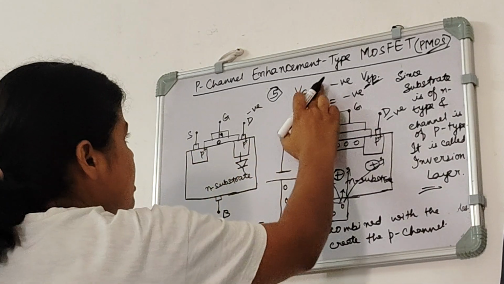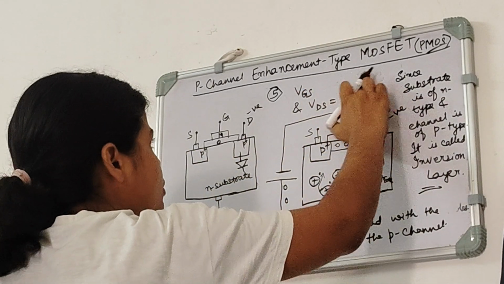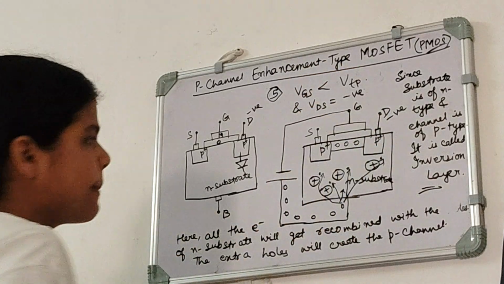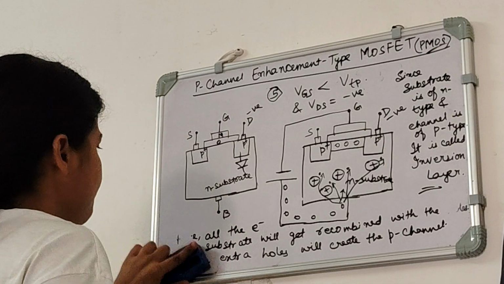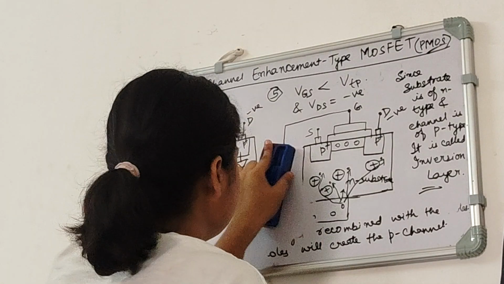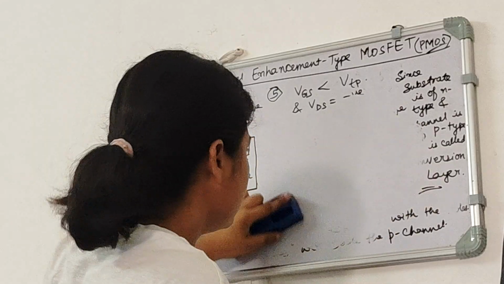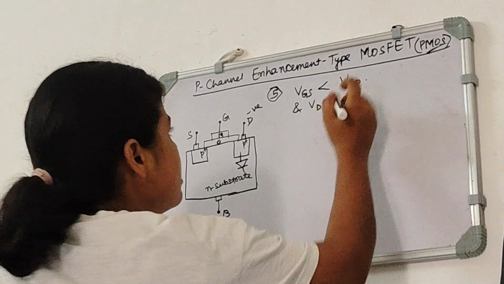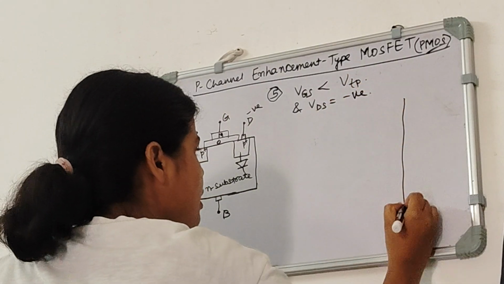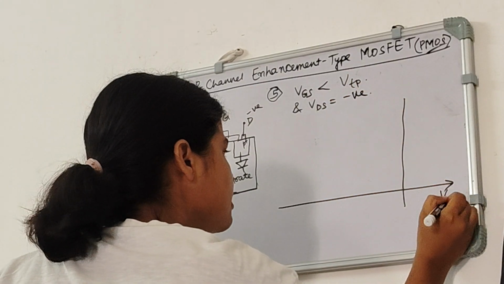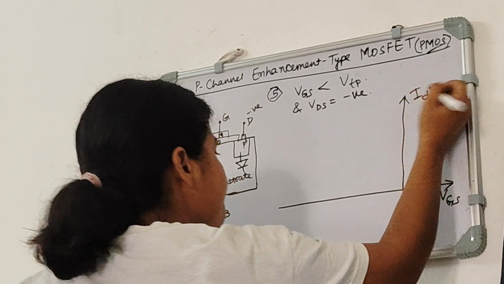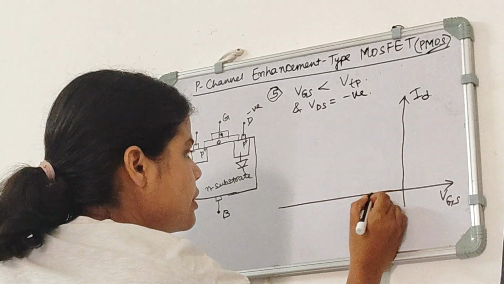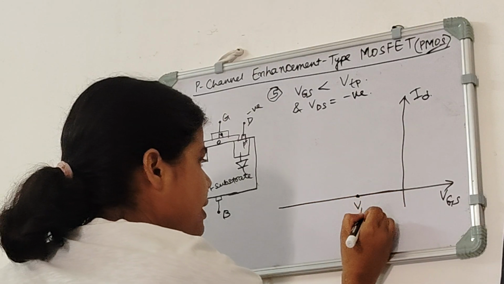So we can write here in the fifth condition that our VGS is not only negative, it is less than VTP. And why are we writing that it is less than VTP? Because we are increasing the VGS in the negative direction, not in the positive direction. So it should be less than VTP. Like this. If this is VGS, this is ID, and if we increase our VGS in the negative direction, up to this, let it be VTP.